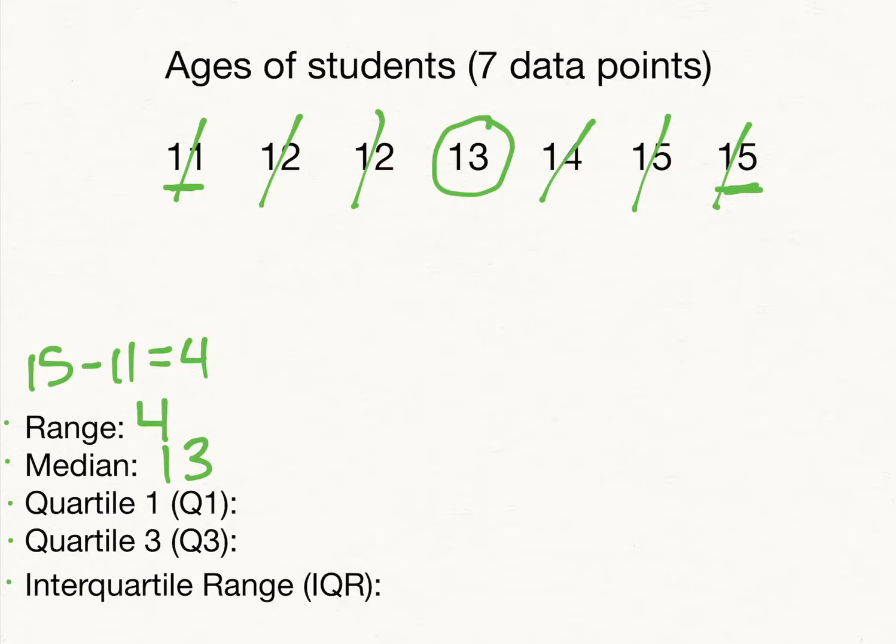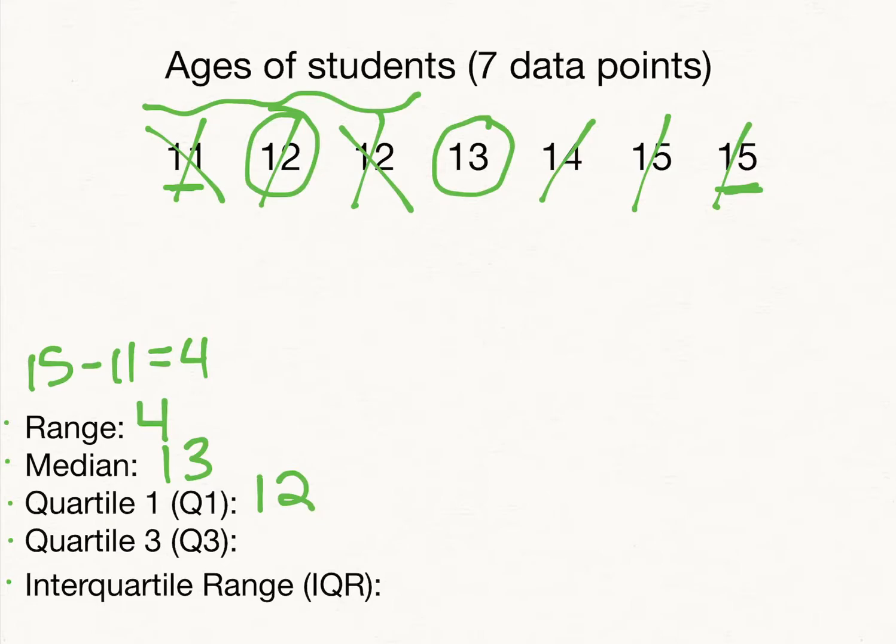For quartile 1, we're looking at our lower set of data over here, and we're going to find the median of that set of data. We have the same strategy, but I'm going to mark it out in the opposite direction. So mark out to the left, mark out to the left, highest, lowest, and then we have 12. So 12 is our first quartile.